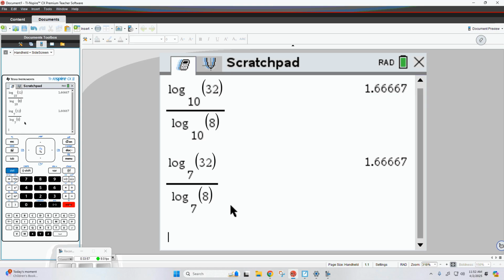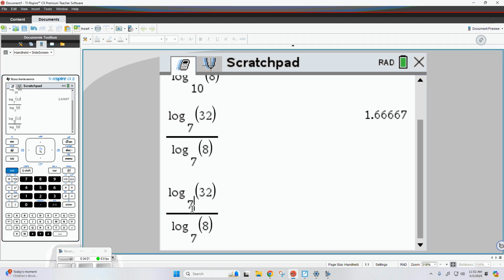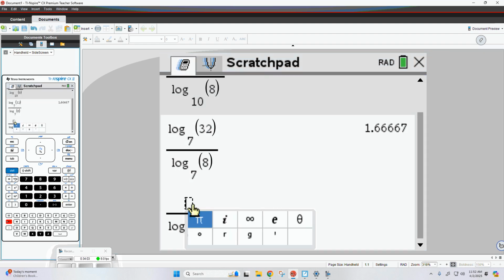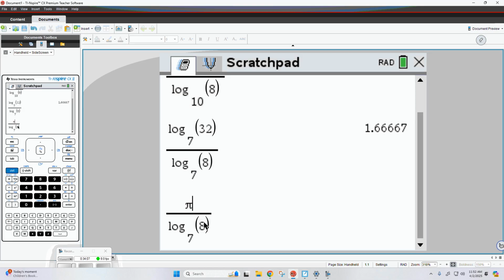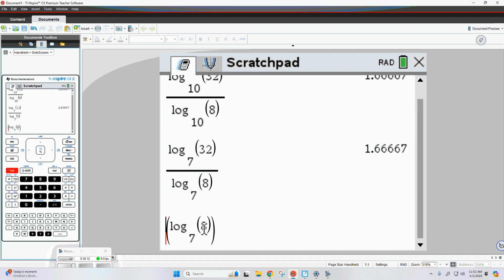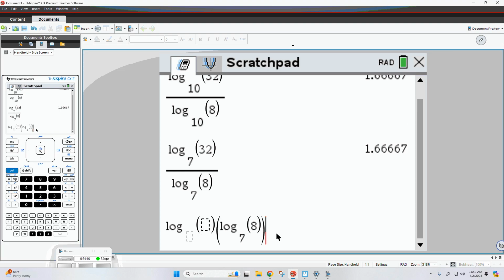So let's see it. Let me go ahead and take out this 7. I'm going to use this pi and friends button down here. Oh, it took out that. That was interesting. I don't know why it did that. Yeah, it's going to work, but the calculator's acting all weird.